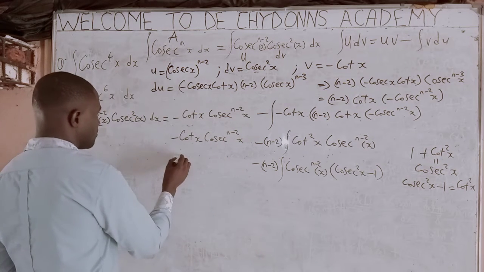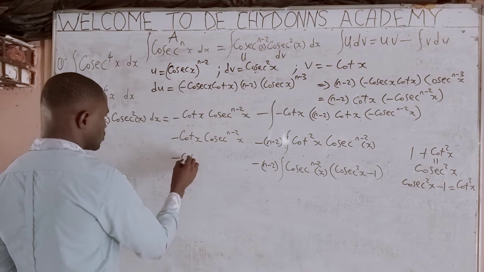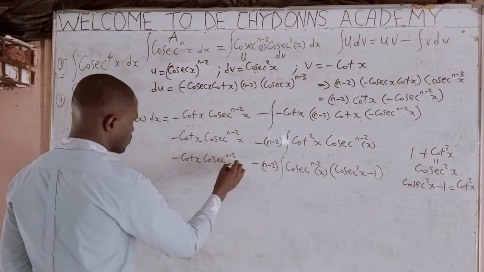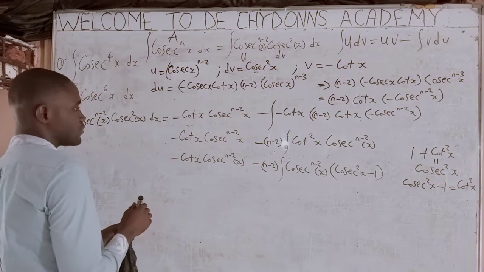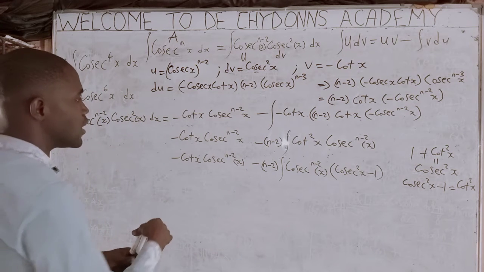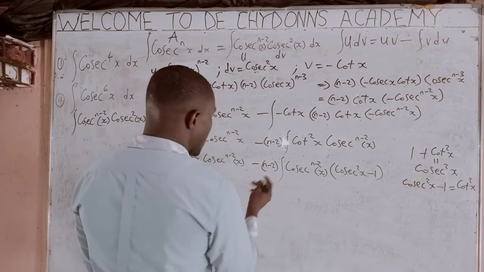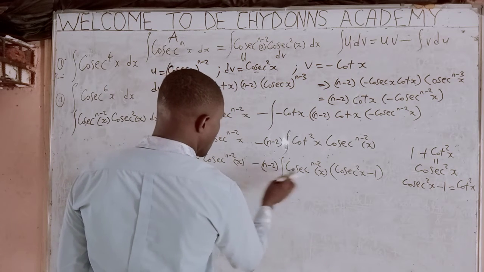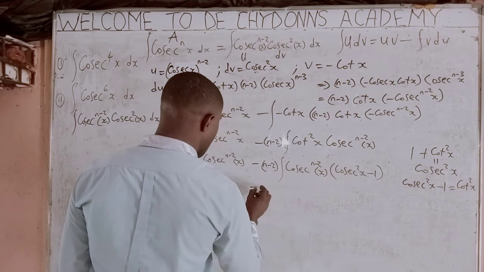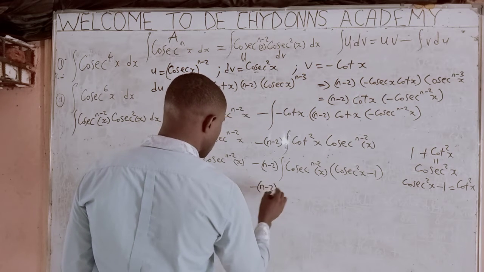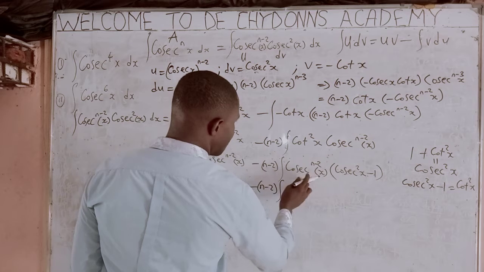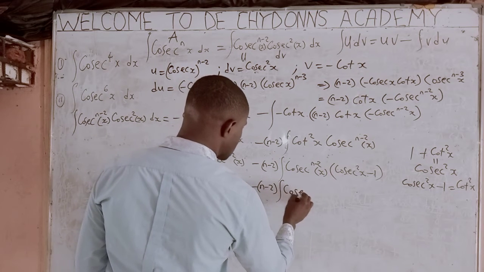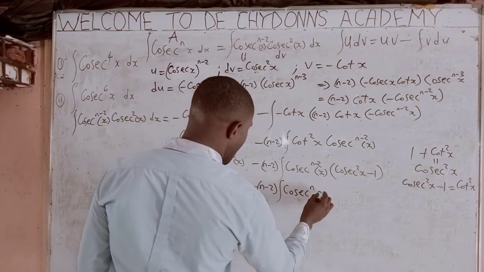Then what we now do is use these two to multiply. When you multiply this and this, you will have minus (n minus 2) integration, and since they have the same base, it will give cosec^n x.